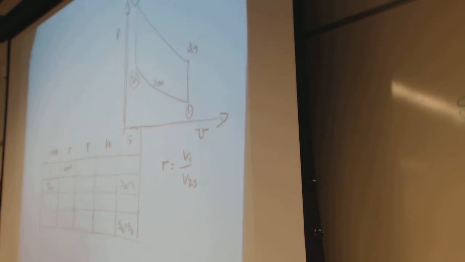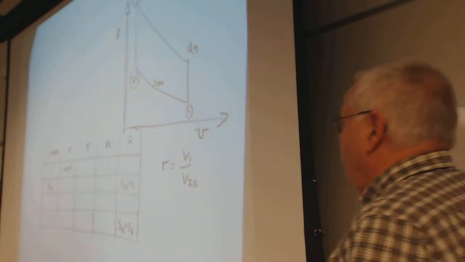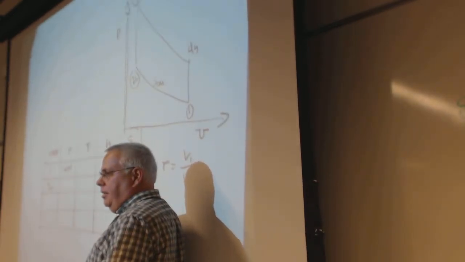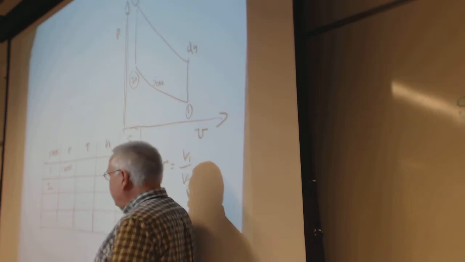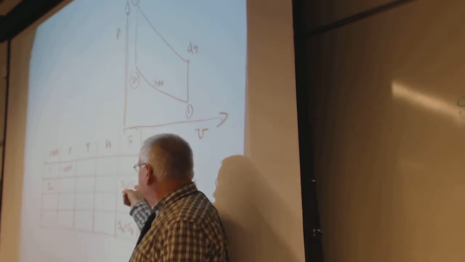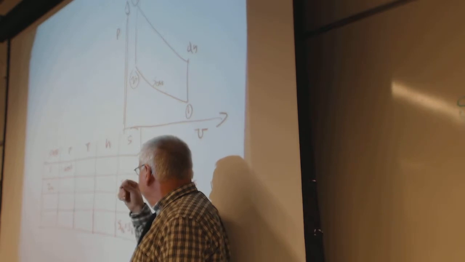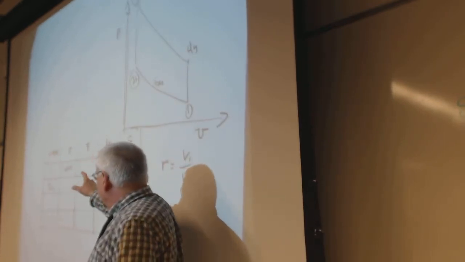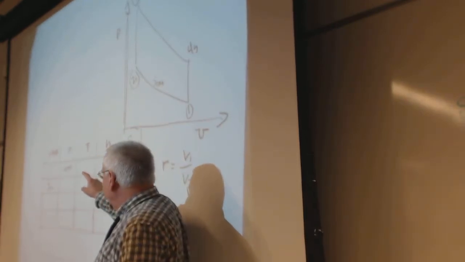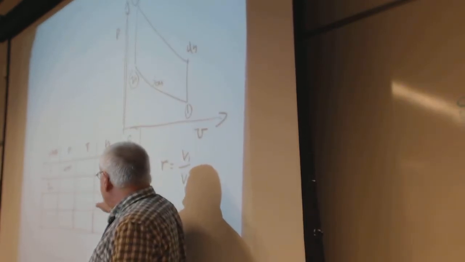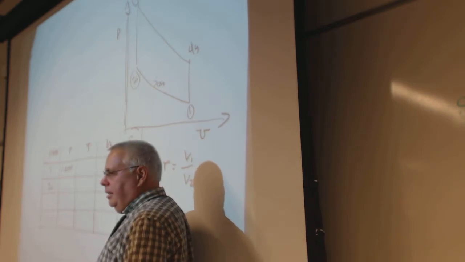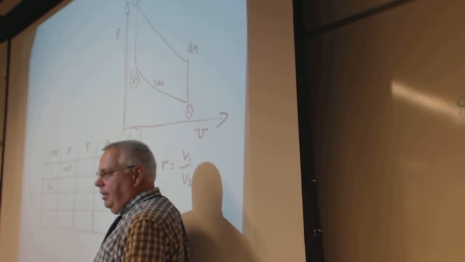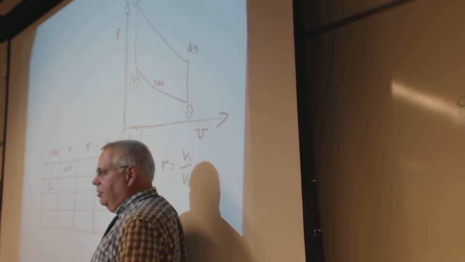For ideal gas, what this means is to find this state, these properties, we just take the ratio of pressures to the ratio of volumes, however that works, and apply one of the formulas that has exponents with k's in it, because that's been developed from an isentropic process.